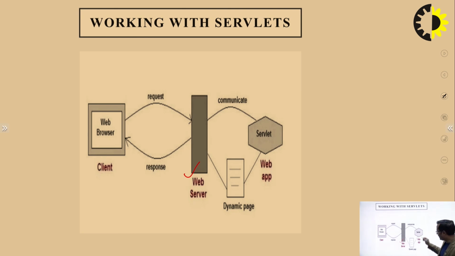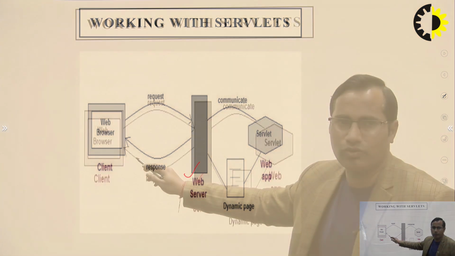It may require a database also to create a particular page, right? And then the servlet processes the request, it creates a dynamic web page, and then it transfers the response to the web server, and finally this web server transfers the response to the browser and displays it on the client's browser screen.